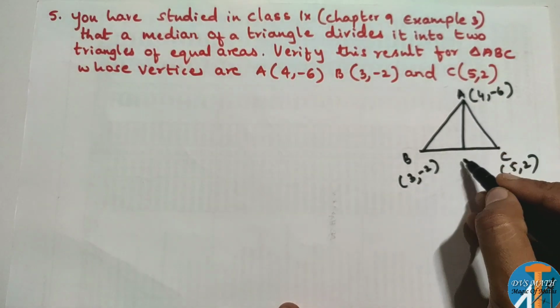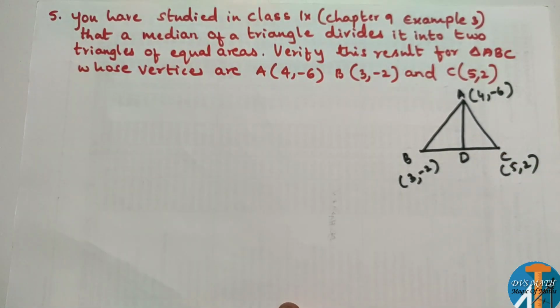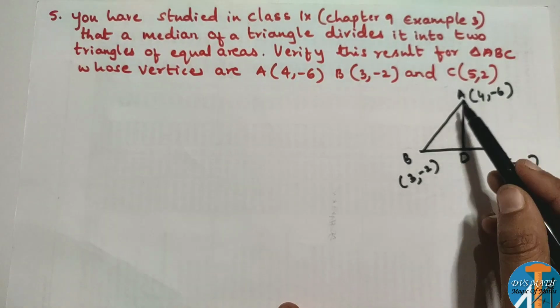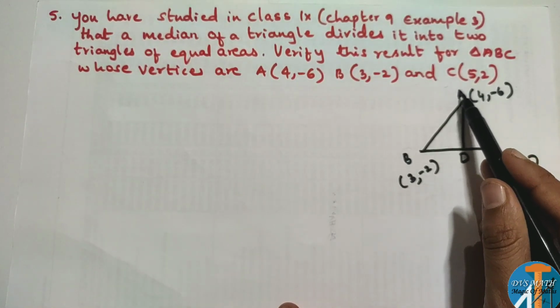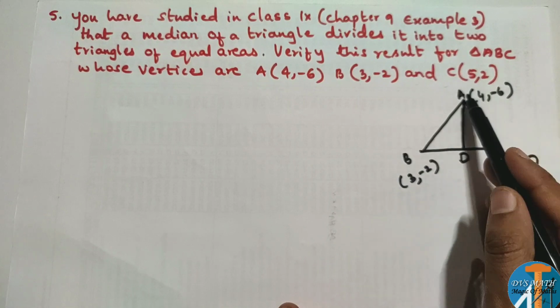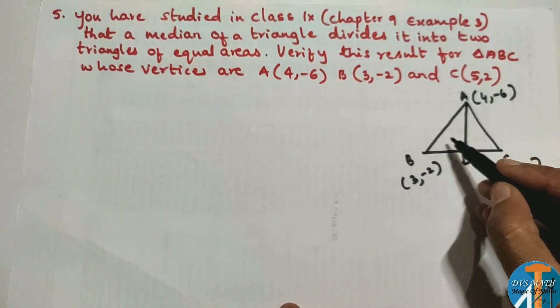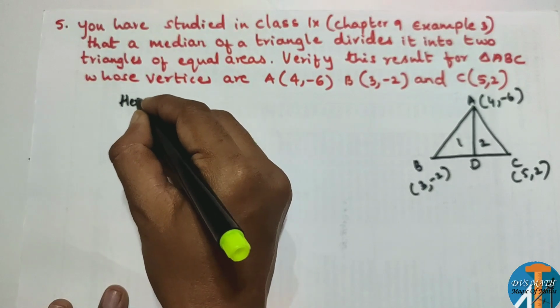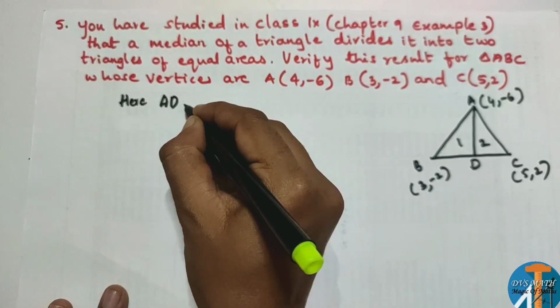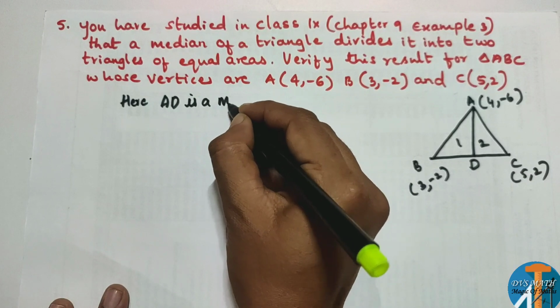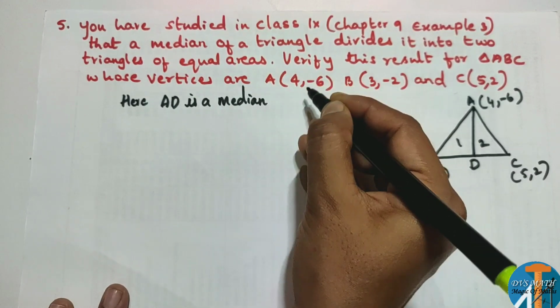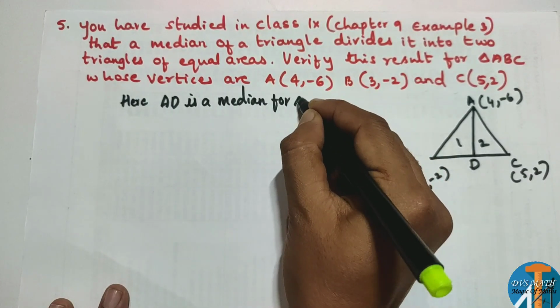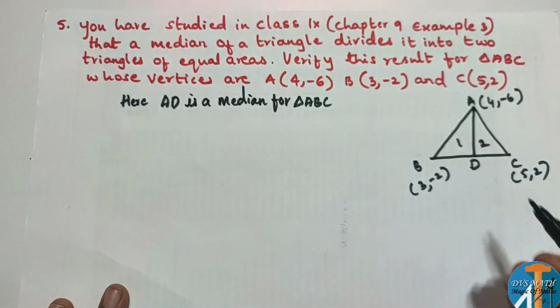Okay, for example, here AD is a median. AD is a median for triangle ABC. Then what we have to prove? Area of triangle ADB will be equal to area of triangle ADC. Just these two are equal. 1 equals 2 we have to write here. So here AD is a median for triangle ABC.